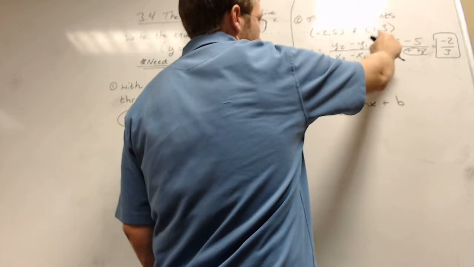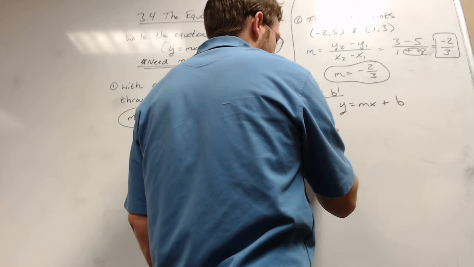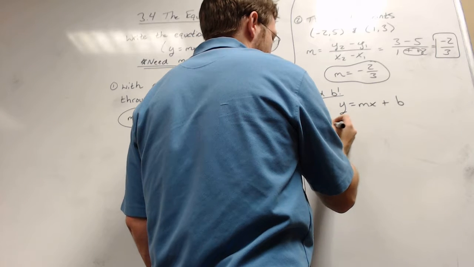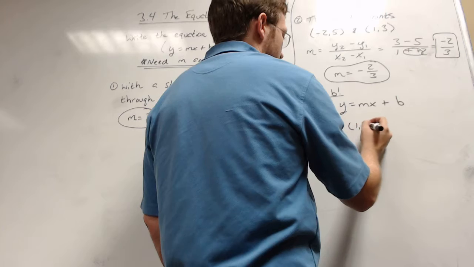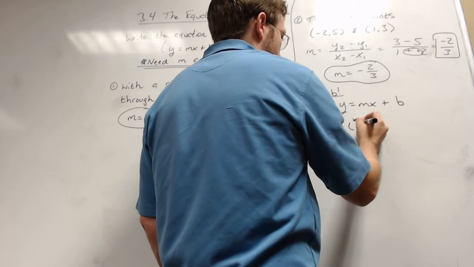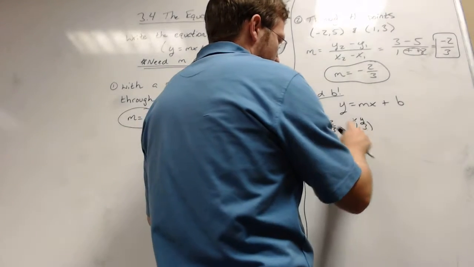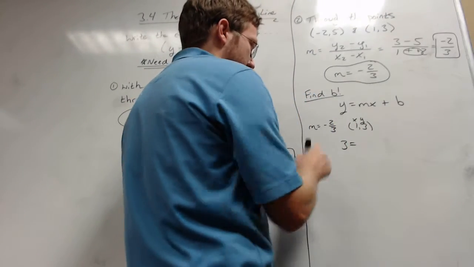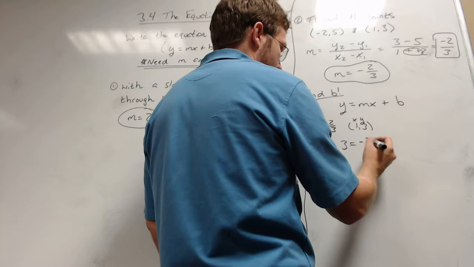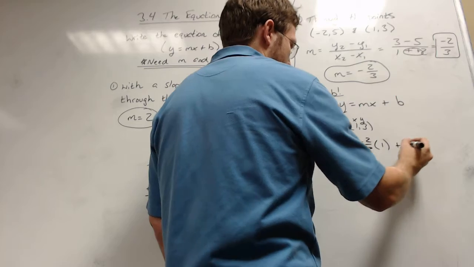Here's an x and a y value. So m is -2/3. I already wrote that down. And we're going to use 1, 3 as our x and our y. So that would mean y is 3, m is -2/3, x is 1, plus b.